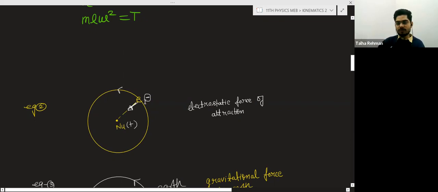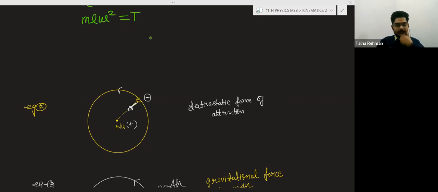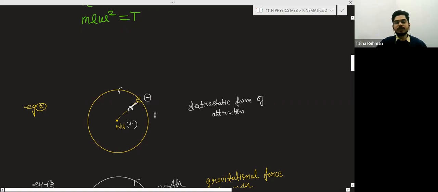Now consider an atom: electron, proton, neutron. In an atom, the electron revolves around the nucleus in a circular orbit, so the electron is performing circular motion.